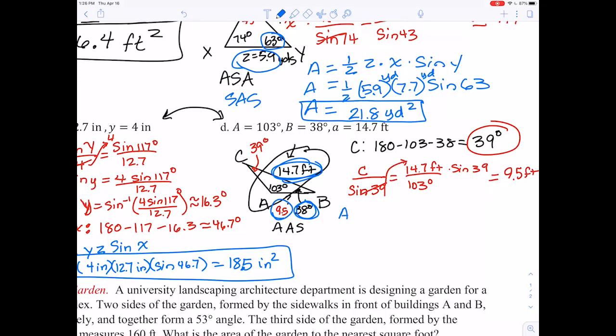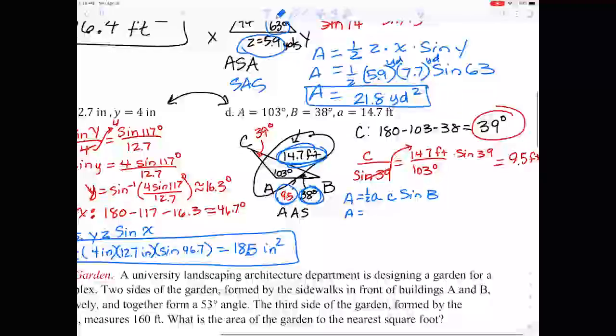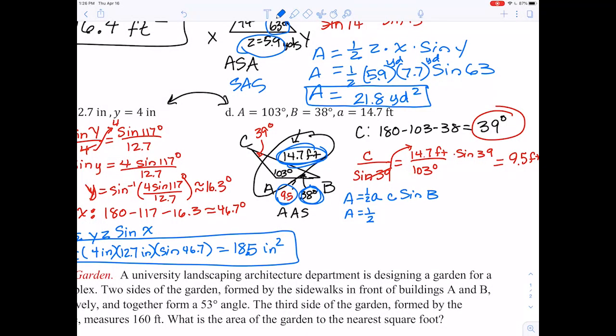So the area of triangle ABC is going to be equal to, I forgot the half, so I'm going to squeeze that in there, 1/2 of A, which is 14.7 feet, times C, which is 9.5 feet, times the sine of B, so sine of 38 degrees. And we plug that into our calculator.